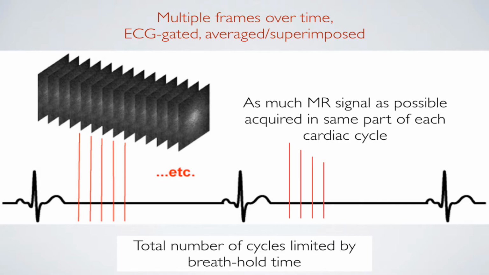So you can see that we are definitely up against it in terms of getting good MRI signal in cardiac MRI. It's one of the main issues that we work with all the time to try and get around: how do we get good pictures when we're limited by how long someone can hold their breath and how many cardiac cycles we can fit inside that breath hold? So this is the picture you get.